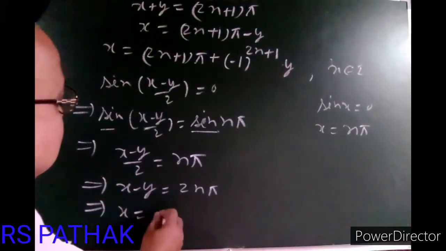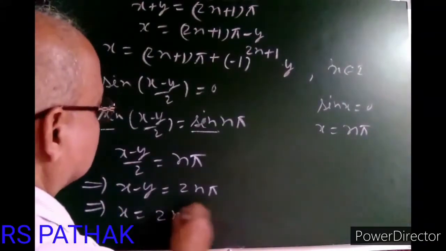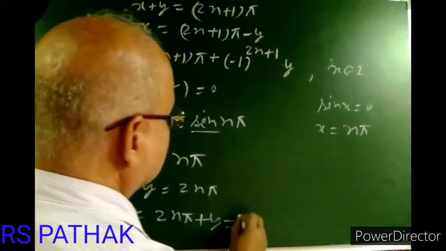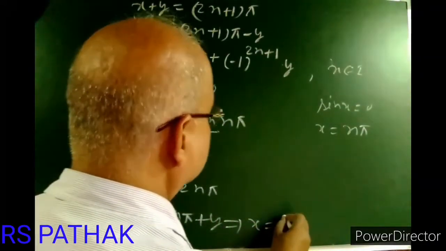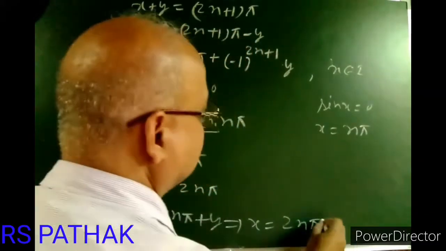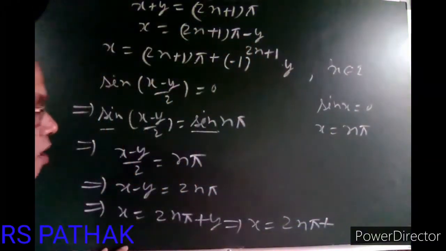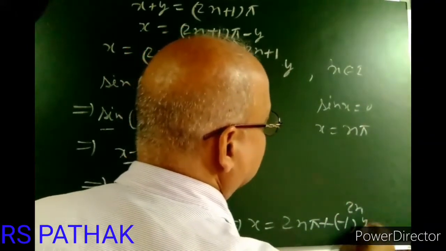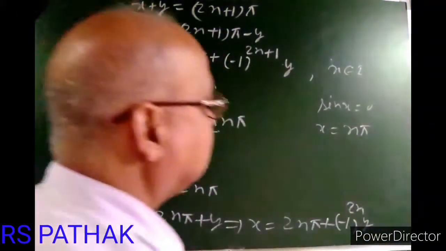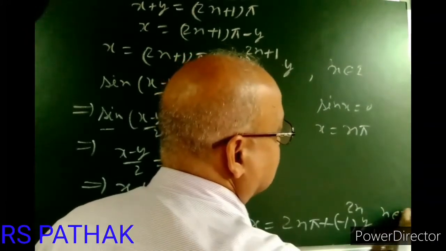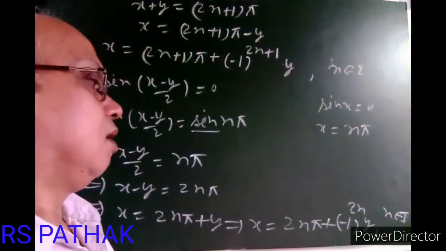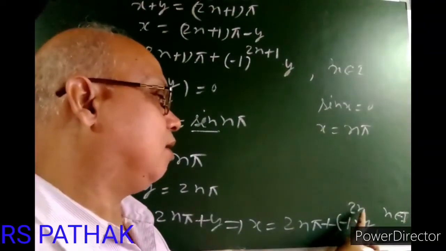x is equal to 2n pi minus y, will go in this side, plus y. It can be modified as x equal to 2n pi plus (minus 1) to power 2n y. 2n is here, n belongs to I, n is an integer. 2n is an even number.